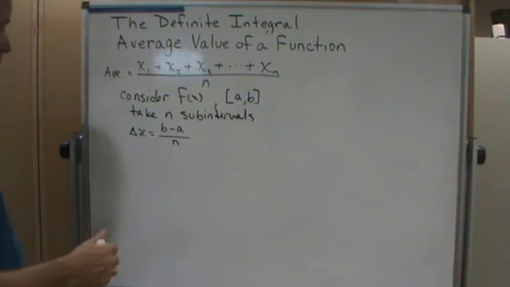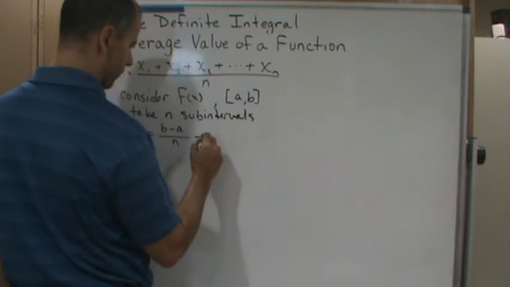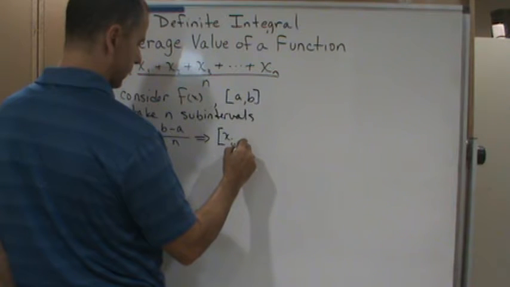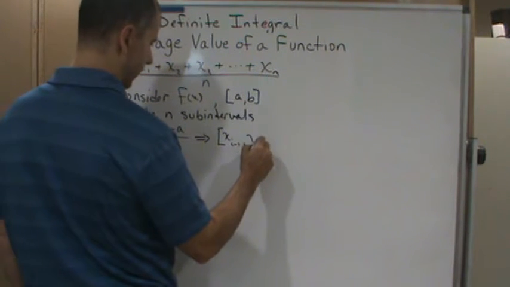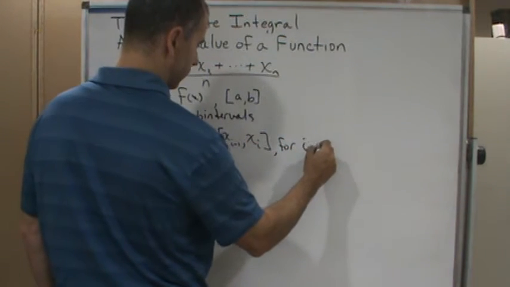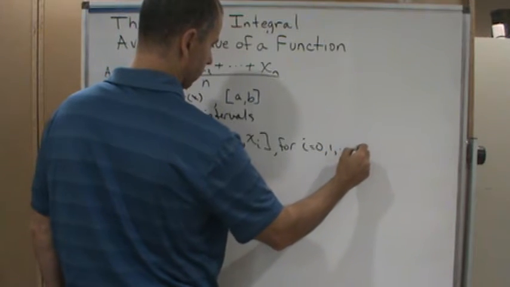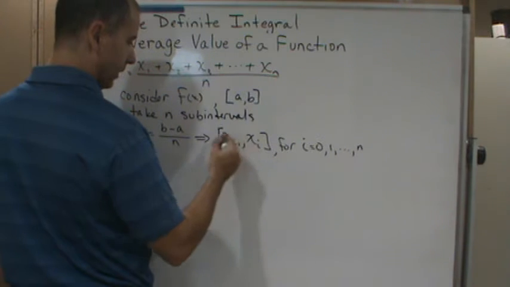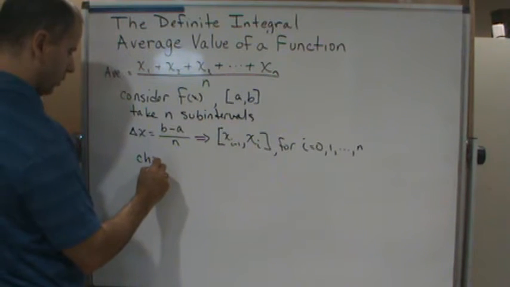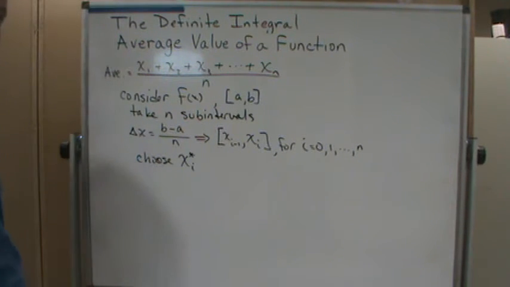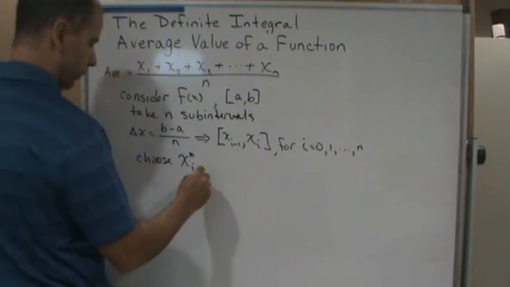We'll have our intervals from x of i minus 1, comma, x of i, for i equals 0 to n, right? Just like before. And then what we're going to do is just choose a sample point, x of i star, a sample point from each one of the intervals, right?